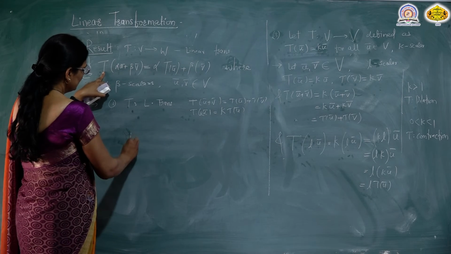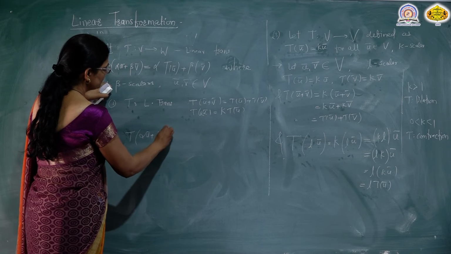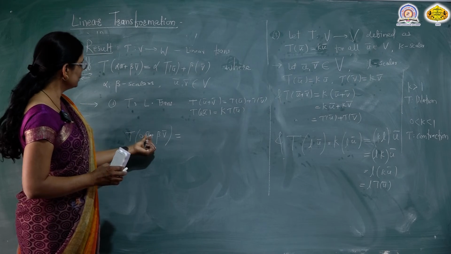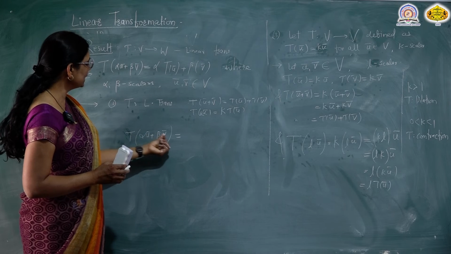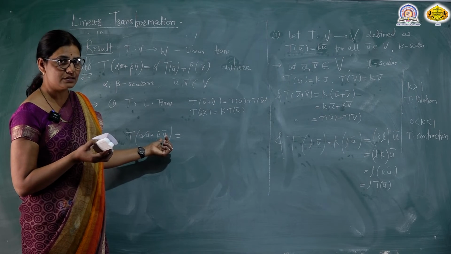So now starting with T of alpha u bar plus beta times v bar. Remember these two vectors u bar and v bar are from capital V and alpha and beta are the two scalars.